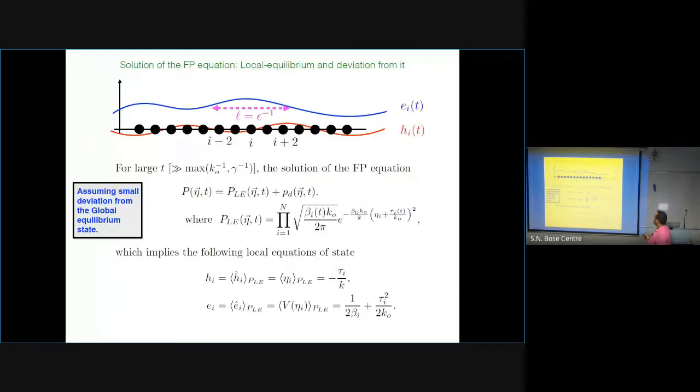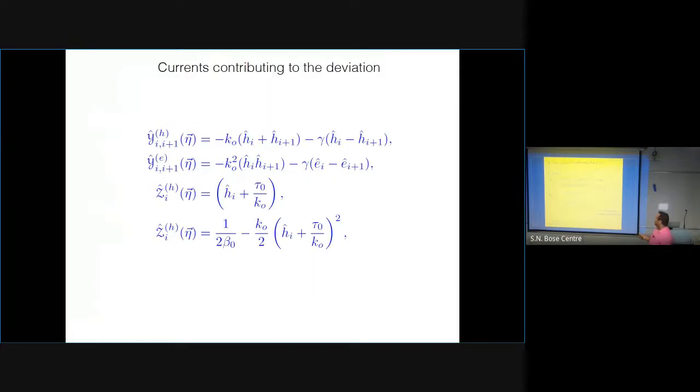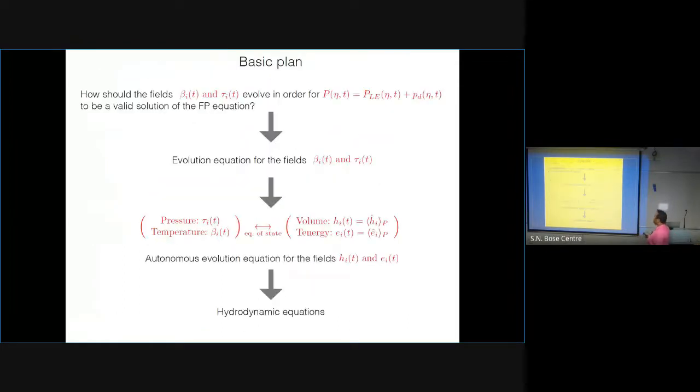So what is it? H was the volume, you know. H is eta, H_i is eta_i, and E_i is K_0 eta_i squared. Okay. So this is the answer to your question: I have made an assumption that the solution is in this form, and I have put these two fields by hand. How is it called the assumption?